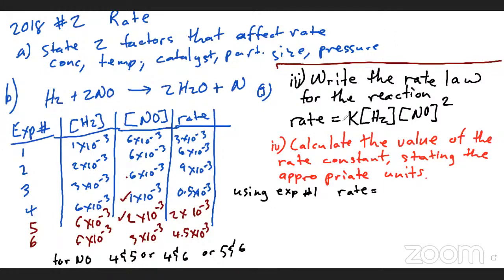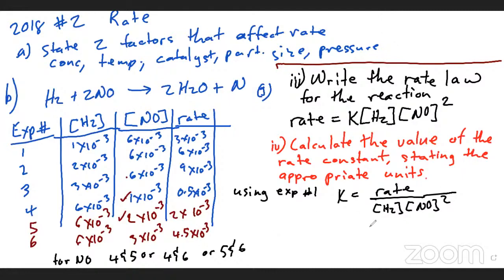I'm going to transpose this equation for K. So K is the rate divided by H2 times NO squared. All right, let me see which experiment I have used.